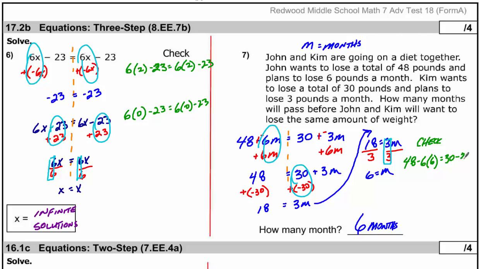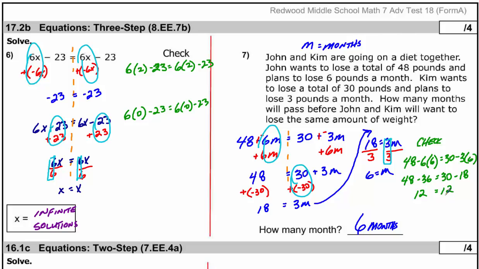All right, so 3 pounds for 6 months. So we've got 48 minus 36 and 30 minus 18. 48 minus 36 is 12. 30 minus 18 is 12. So there we go. After 6 months, they each have 12 pounds to lose.